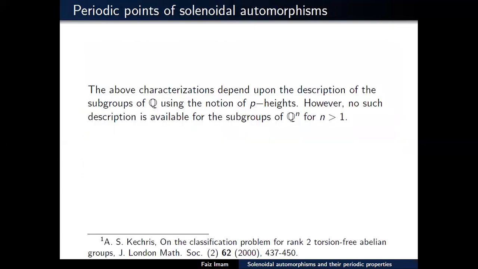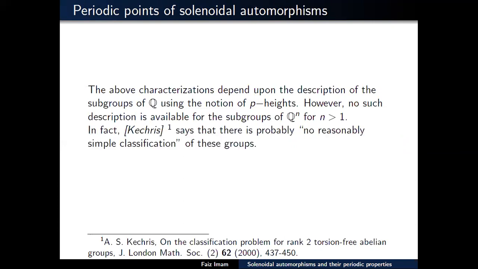So here's the difficulty in doing it further. The above characterization depends upon the descriptions of all the subgroups of Q using the notion of p-heights. However, no such description is available for the subgroups of Qn for n greater than 1. In fact, Kekris in this article says that there is probably no reasonably simple classification of these groups.